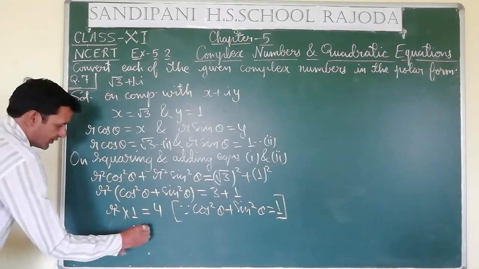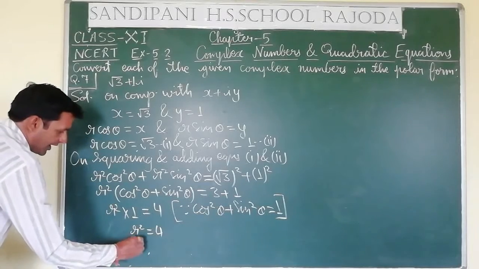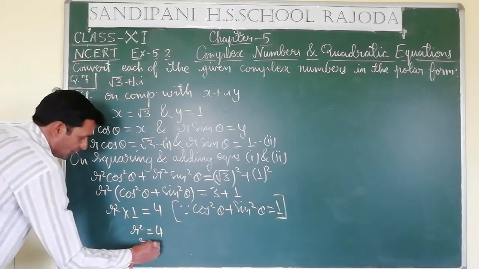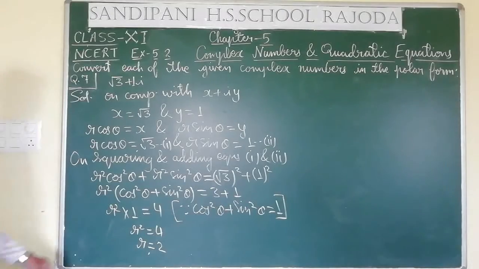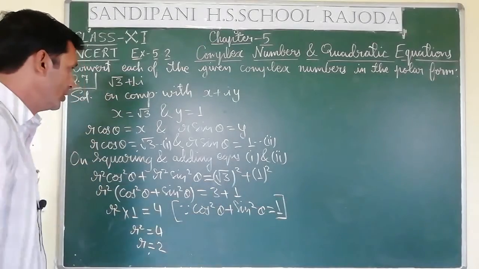So r square is equal to 4, or r is equal to 2 we can write, because it is square of 2.